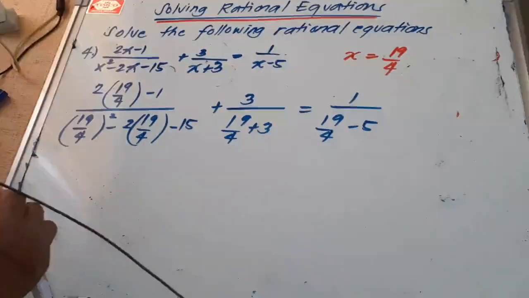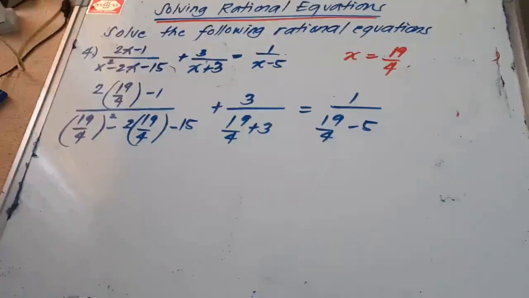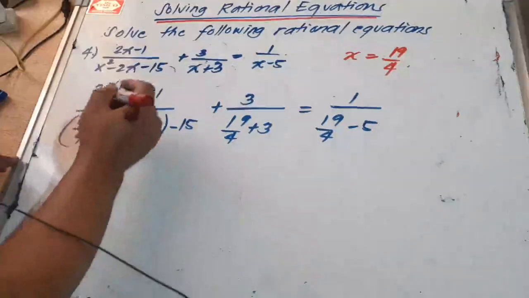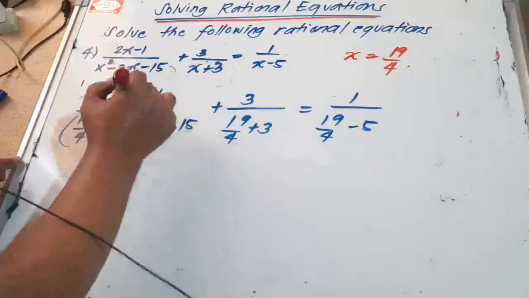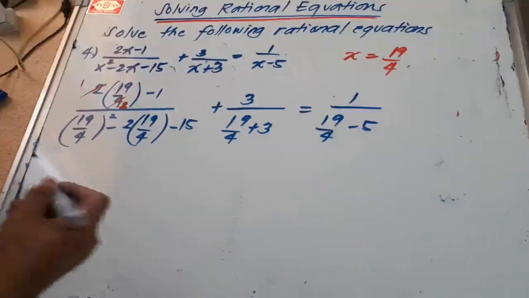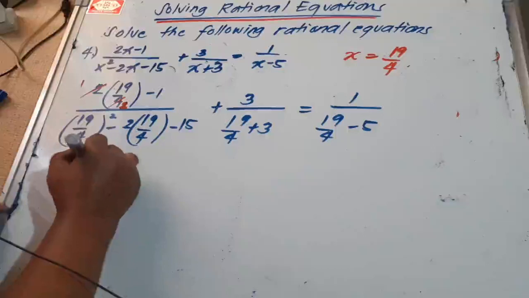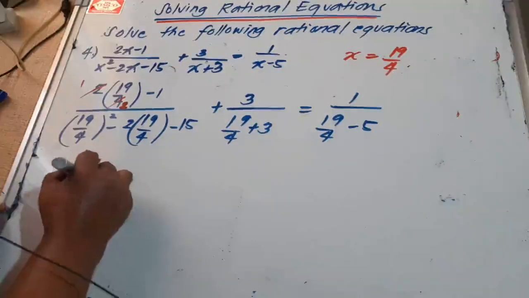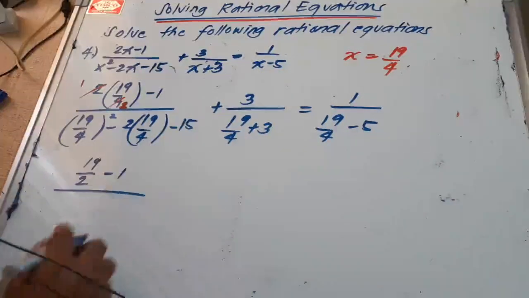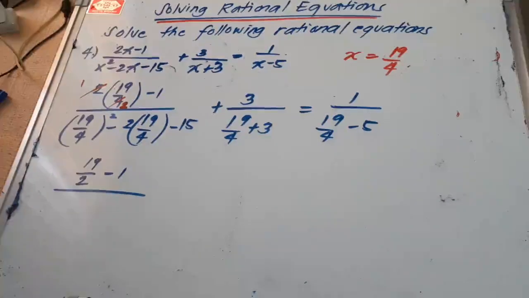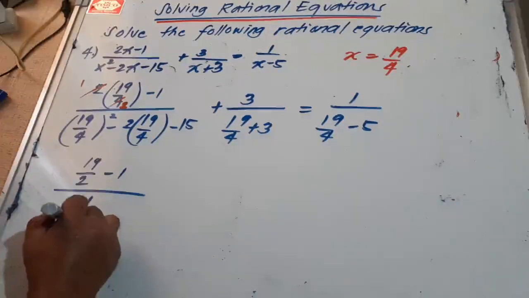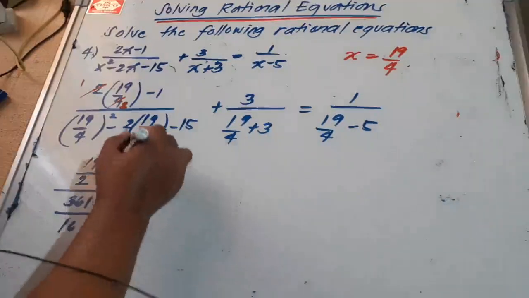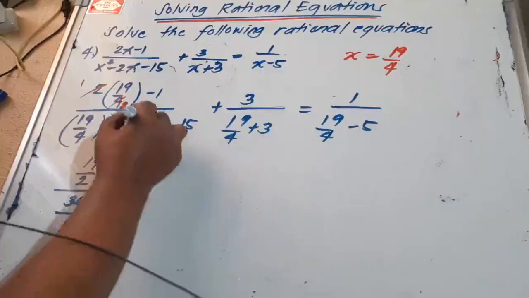Okay? On top, we can cancel out 2 and 4. This will be 1, this is 2. Okay? So the result will be 19 over 2 minus 1. We have 19 squared is 361 and 4 squared is 16. Minus again, cancel din ito. That will be 1 on top.